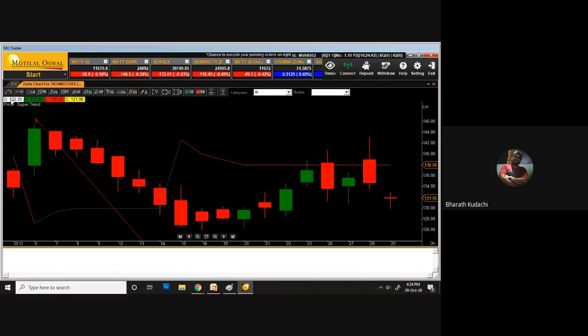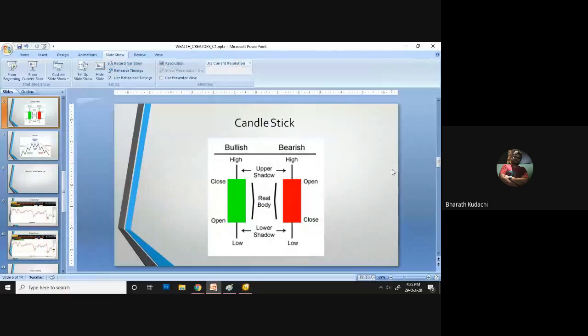So it opened at 132 and closed at 131.90. Today it is a down market, the stock price has reduced by somewhere around 10 paisa. The highest value it reached today is 133, and the lowest value it went is 130.00. So this is how you read a candle.